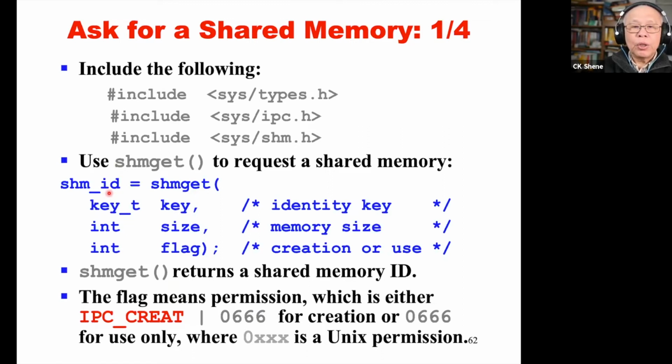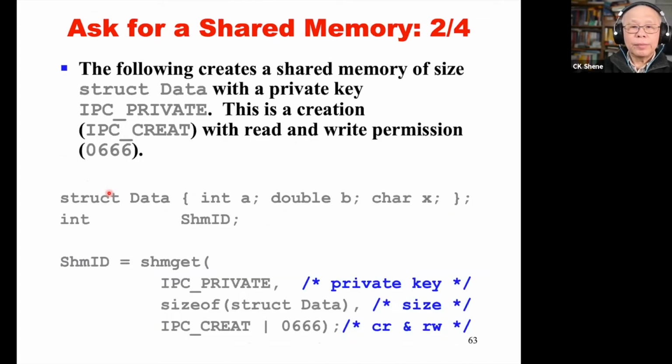Of course, shared memory get could fail. In that case, you will get a negative value. It's just a Unix convention. So let's say we have a data structure, data, in which we have an integer, a double, and a character.